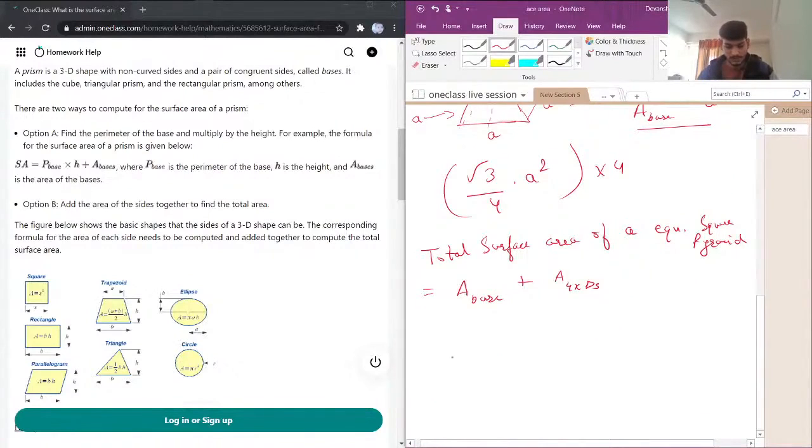So this will be A square plus 4 times √3 by 4 A square. 4 and 4 get cancelled, and we have A square times (1 plus √3).